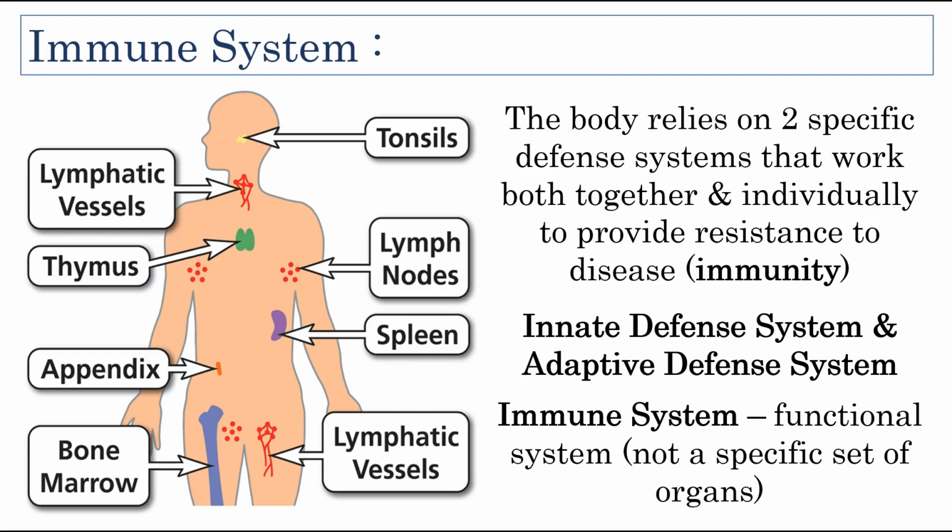The immune system can be divided into innate and adaptive defenses. These work individually. They also work in conjunction with one another almost entirely. Both of them together, hand in hand, give us resistance to specific pathogens, specific diseases. This is called immunity.